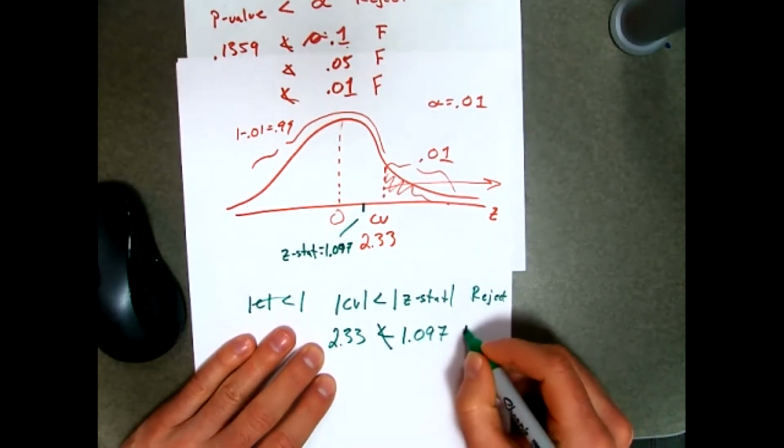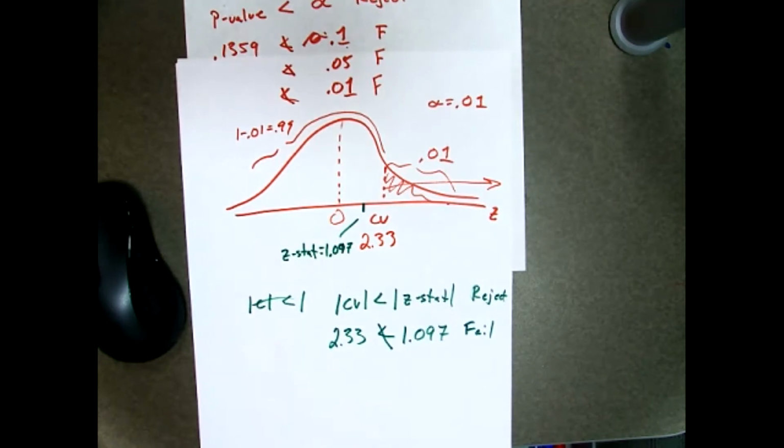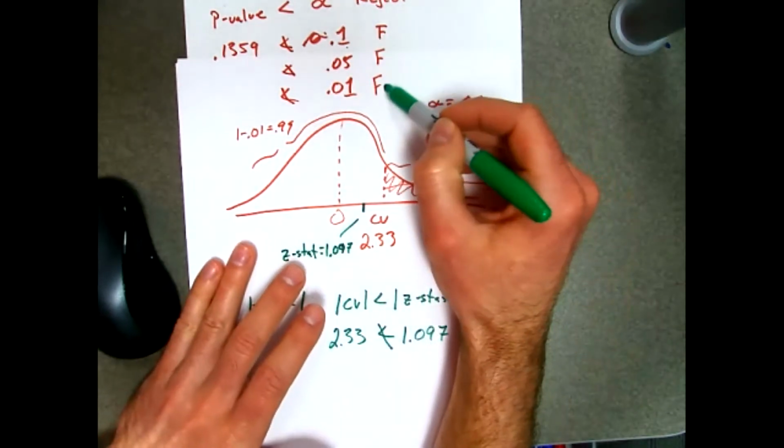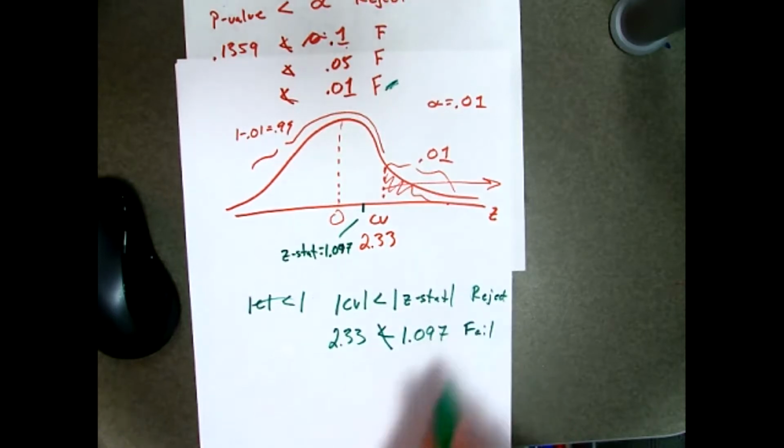That's not going to be less than my critical value, so I would fail to reject with the critical value approach as well, which lines up with the rejection decision that we had using the p-value approach. So it doesn't matter which approach we use, we should end up making the same rejection decision. Yeah, any questions on that? I went through that a little bit quick here.